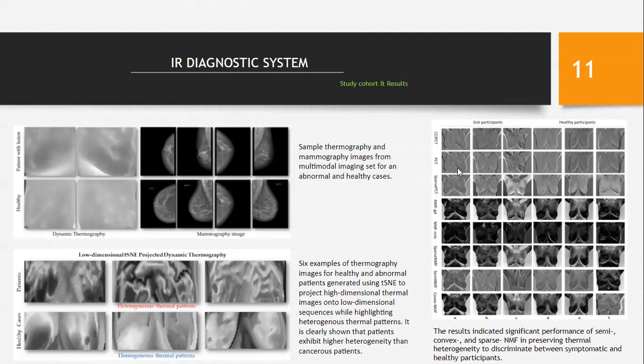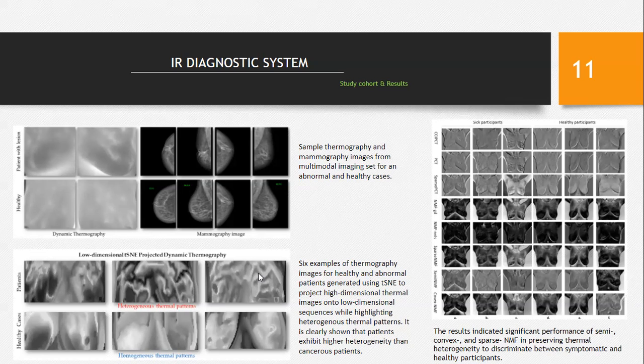All the way over to the right-hand side, these photos are the results from the different eigen decomposition methods. Again, on the right-hand side, we have our healthy patients that have a homogeneous thermal pattern throughout. And on the left-hand side are patients with lesions that have then caused a heterogeneous thermal pattern.